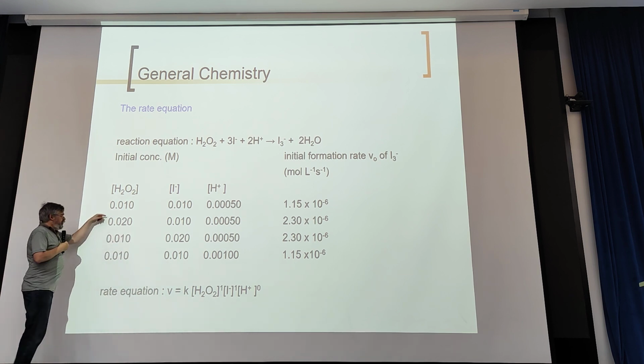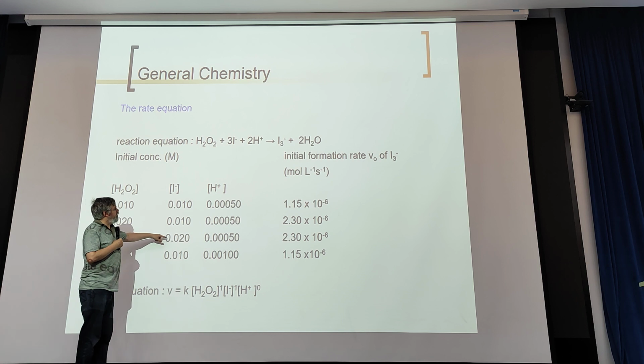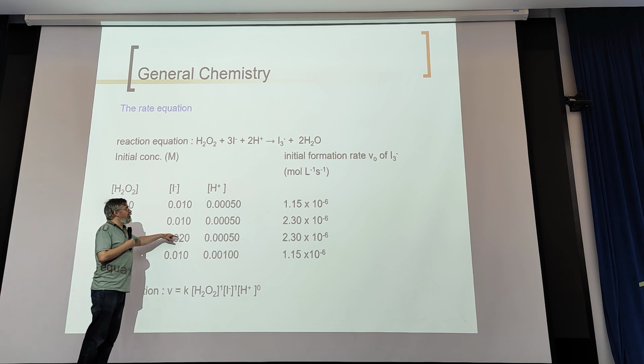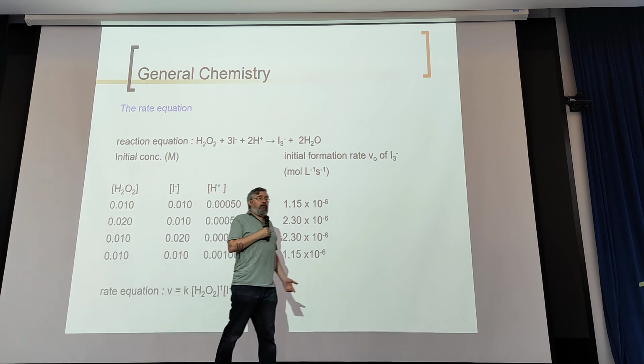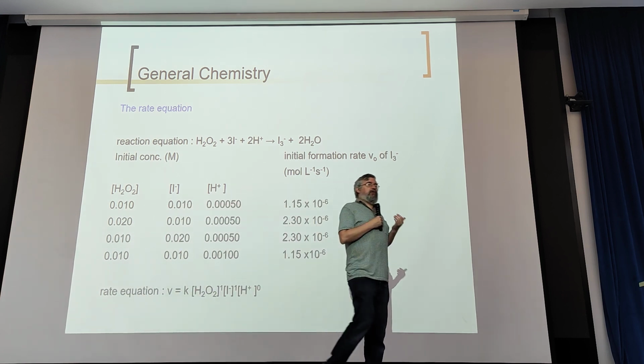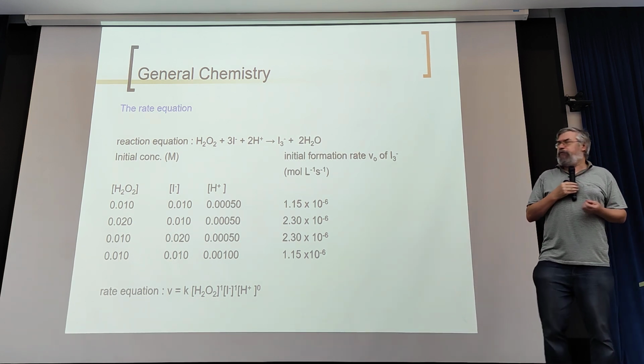What about this line? You can see now, between the first line and the third line, the difference is again that we double, but we now double the iodide concentration. And you can see again, we get the doubling of the speed if we compare line 1 with line 3.